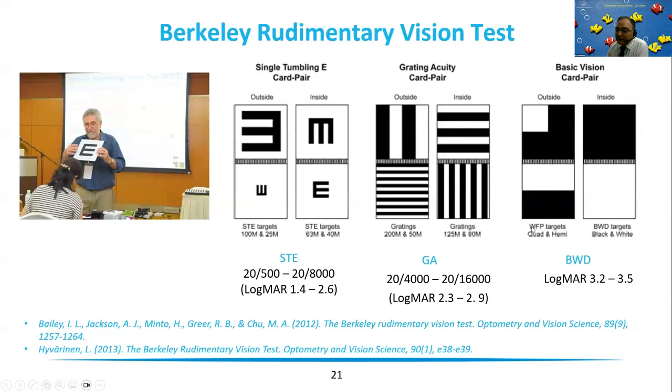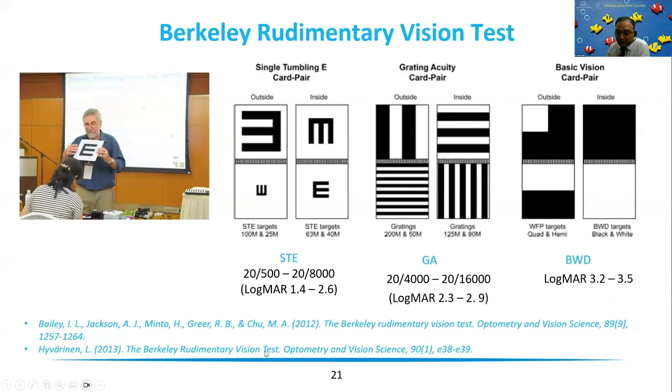So white field projection, that's why it's called white field projection target. And here the person has to identify which side is black card or white. So black and white discrimination targets here. So this will enable you to quantify visual acuity as low as 3.5 logMAR.